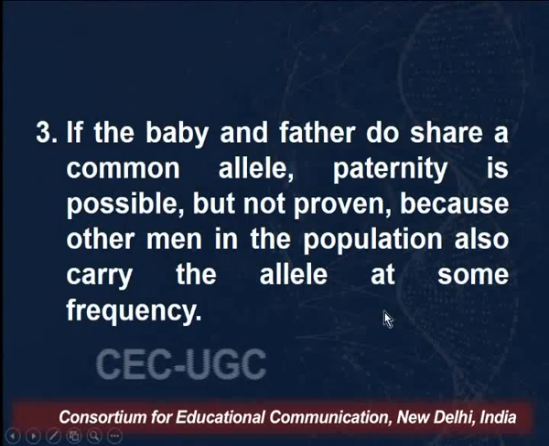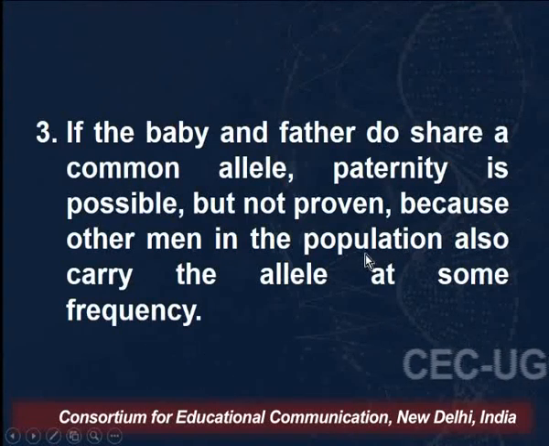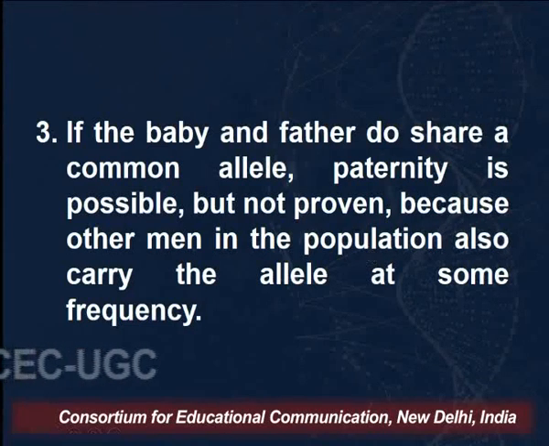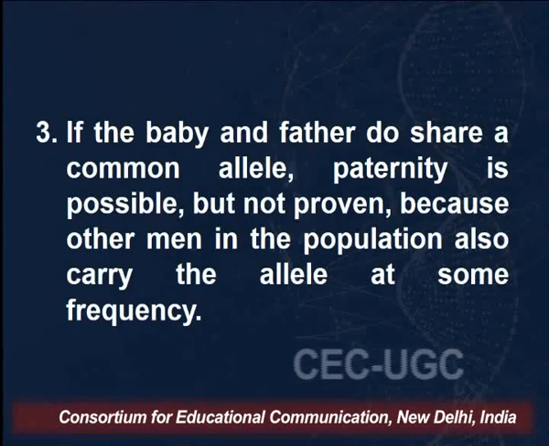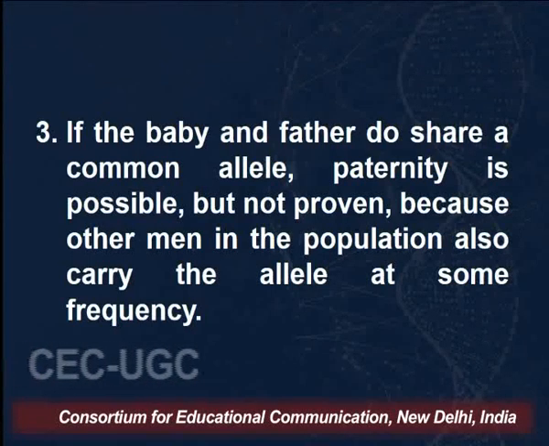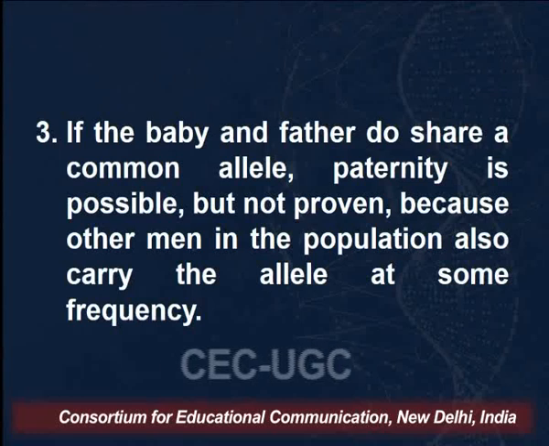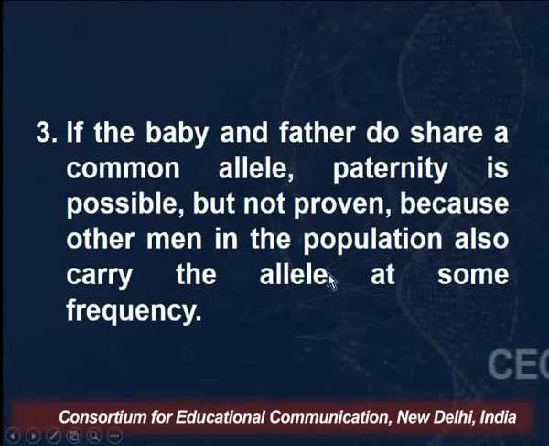So again, there is a probability that father 2 is the father, because if the population size is larger, then we talk about the probability of arising of that particular allele. What is the frequency of that allele in a population? The frequency of that allele in a large population would be more, so there can be more persons having the same allele.